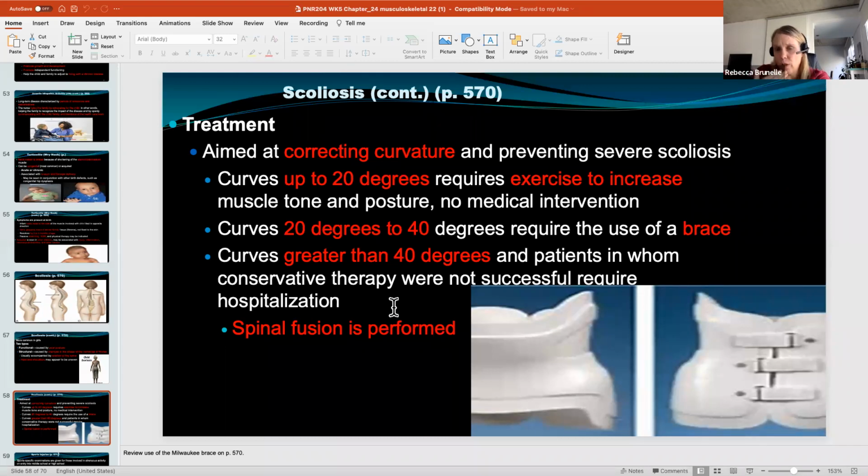So greater than 40. When your daughter had the surgery, was she in the hospital for a while? She was in the hospital for about 5 days, but she was getting out of bed late into day 2. Oh, good. She was moving pretty fast.